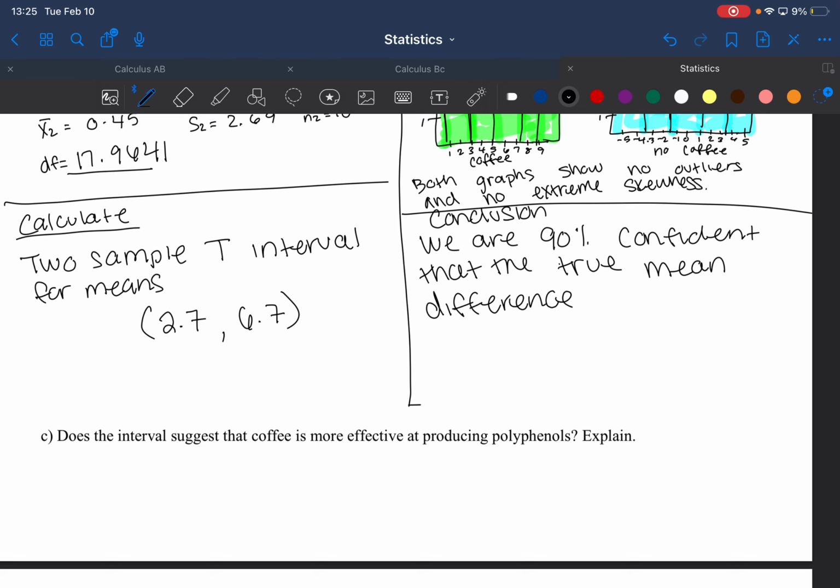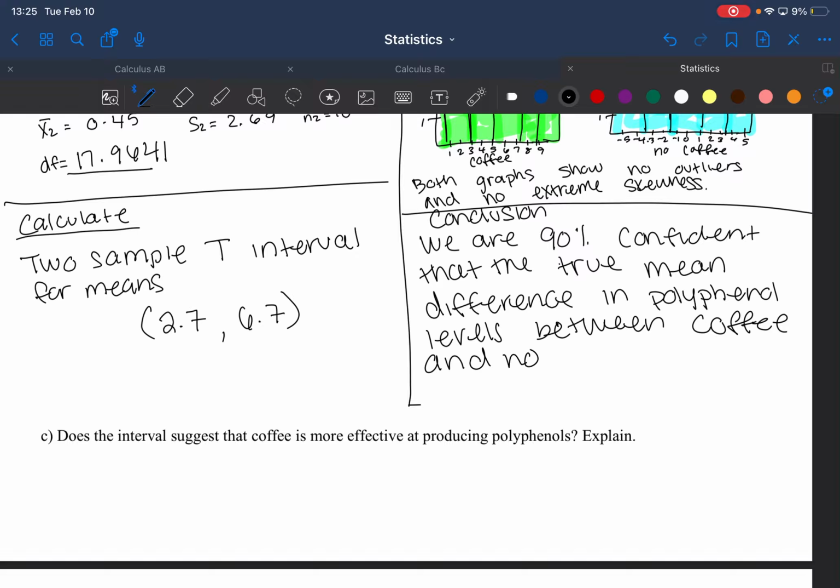That the true mean difference in polyphenol levels between coffee and no coffee is between 2.7 and 6.7. And notice my problem didn't contain any units, so I'm not going to write any units.